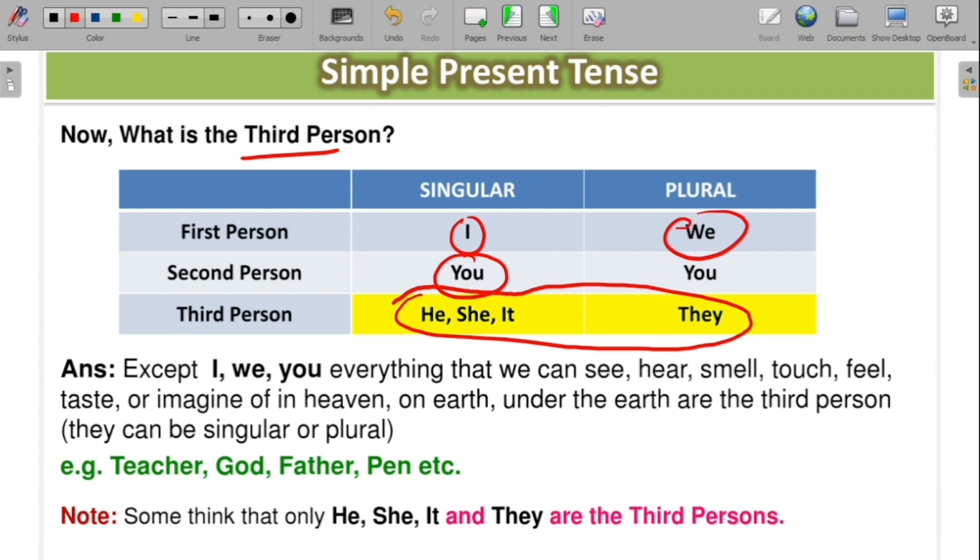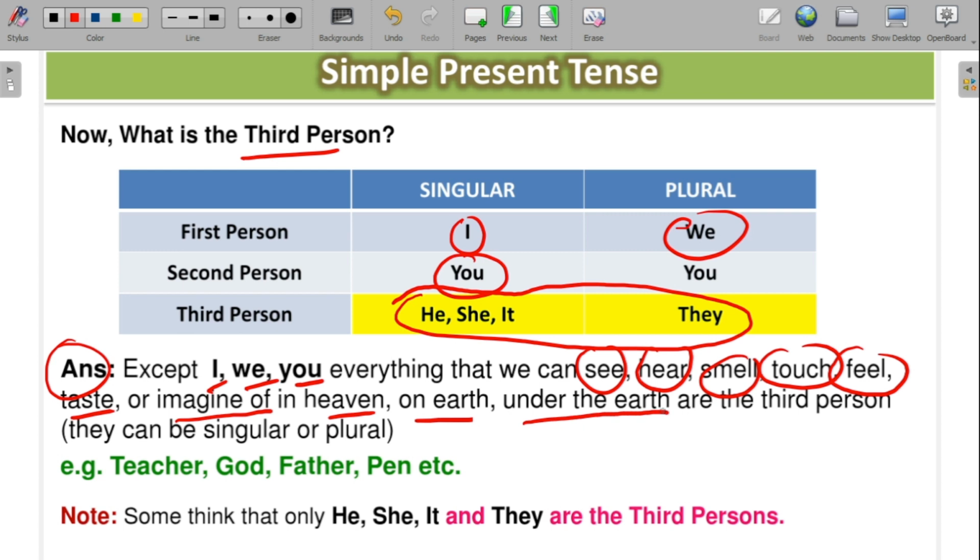So except I, we, you, everything that we can see, hear, smell, touch, feel, taste or imagine, in heaven, on earth, under the earth, is third person. They can be singular or plural. I hope you have understood this.